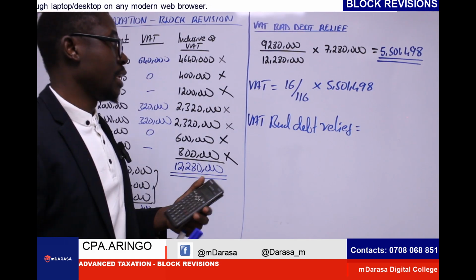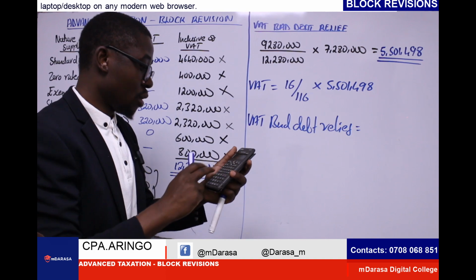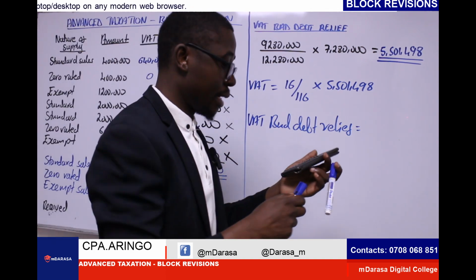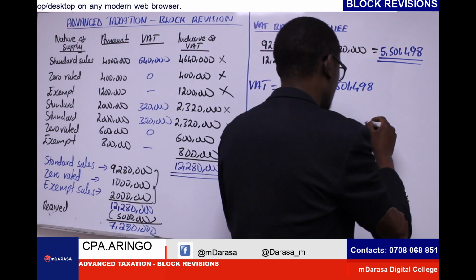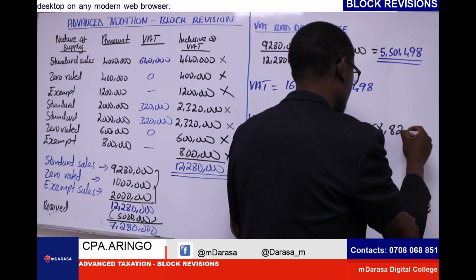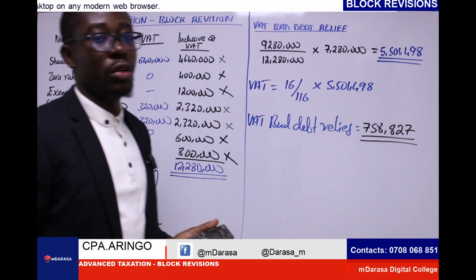I should be talking of my value times 16 of 116. So the one that you're going to claim as a relief, we should be talking of 758,827. So that is what you're required to do.